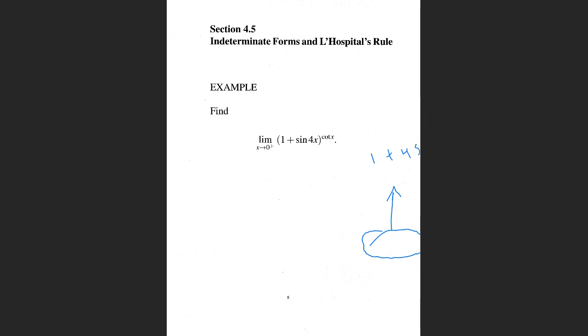The cotangent of x is going to approach the cosine of 0 over the sine of 0, because cotangent is cosine over sine. What would the cosine of 0 divided by the sine of 0 equal? That's 1 over 0, right?